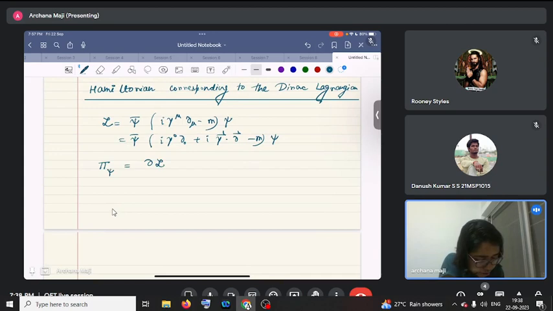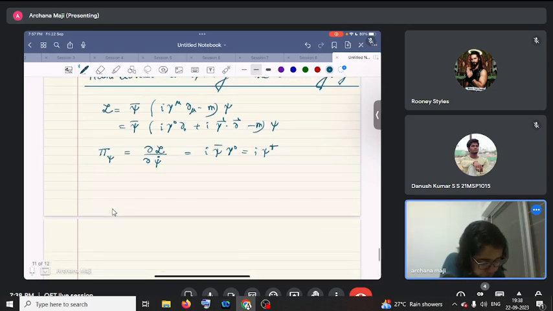It's del L over del psi dot, which is nothing but i psi bar gamma 0, which is same as i psi dagger.